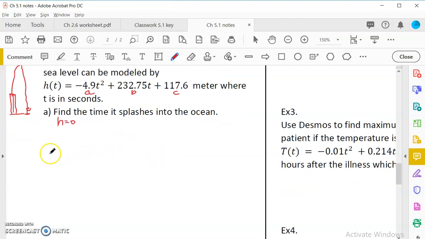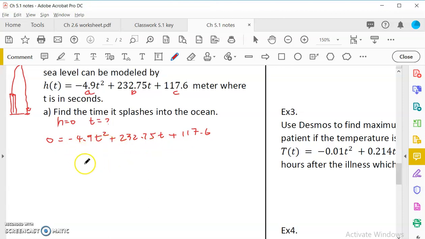You need time. So h is 0 on this side, and negative 4.9 t squared plus, very funky, 232.75 t plus 117.6 meters. So we want to solve for this.